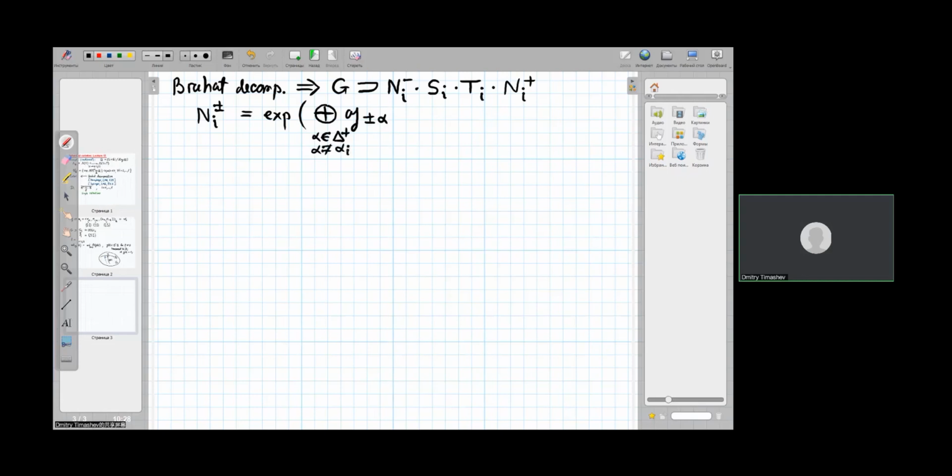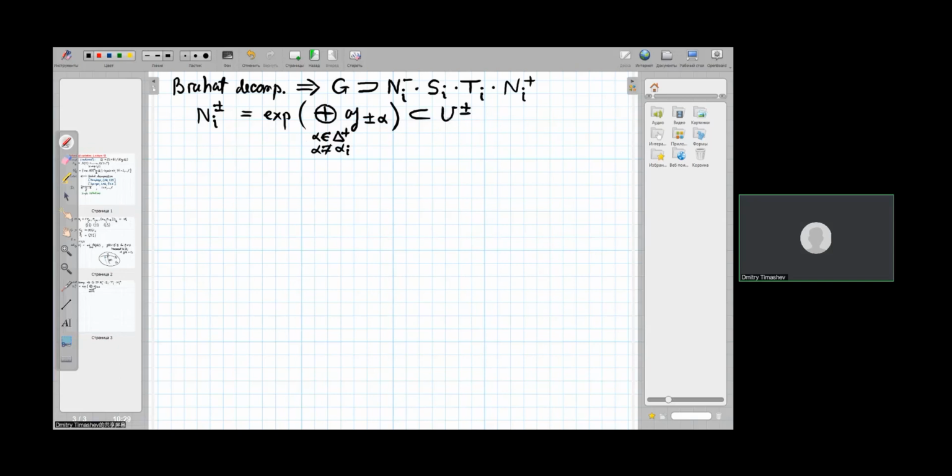This will be the codimension 1 Lie subalgebra in the Lie algebra of the maximal unipotent subgroup. Then you take the exponential of this Lie subalgebra. You get a codimension 1 unipotent subgroup in U plus or in U minus.